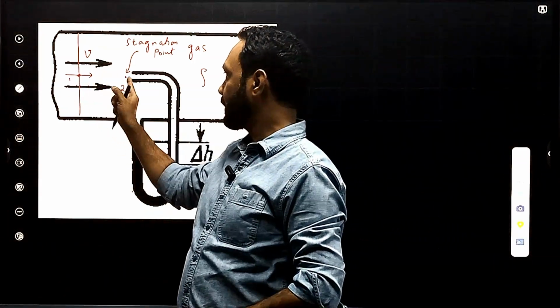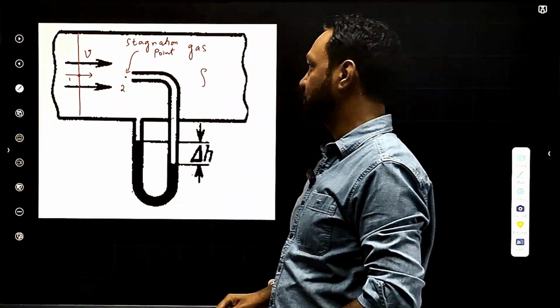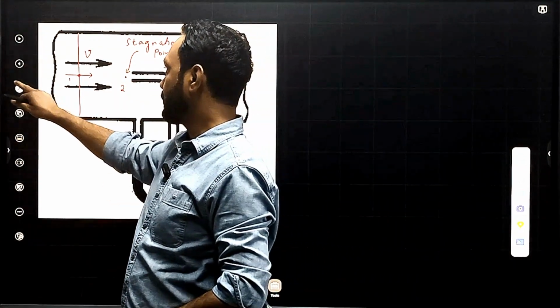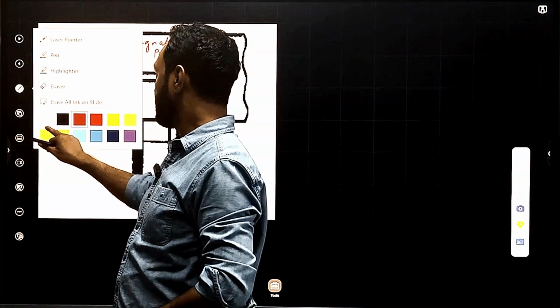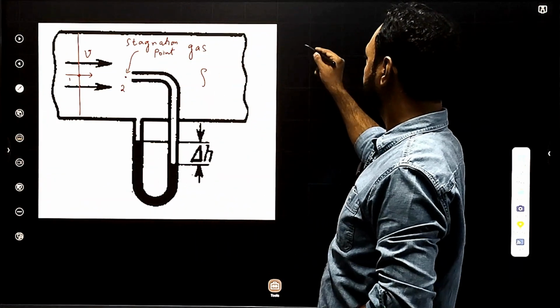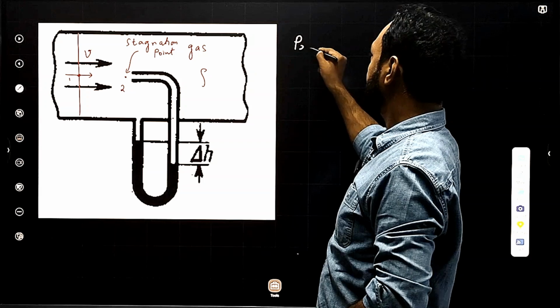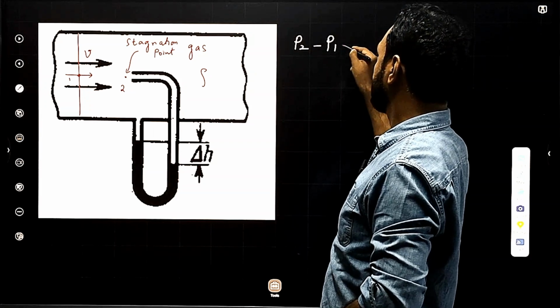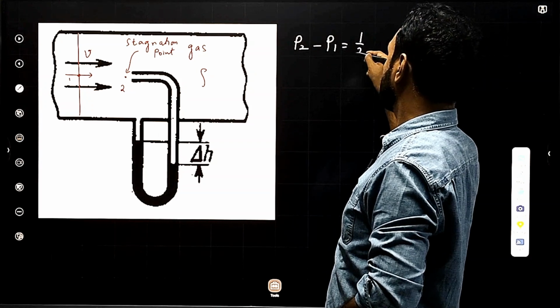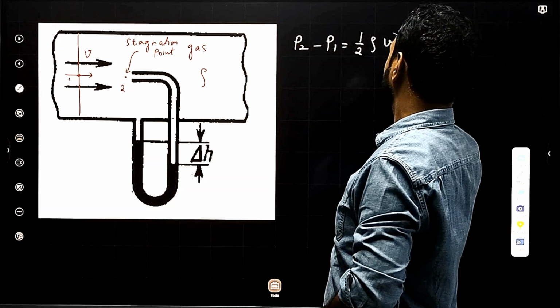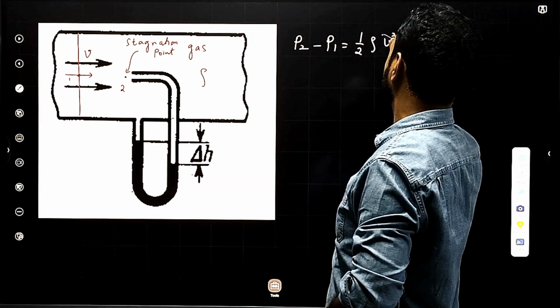So if I write the Bernoulli theorem between point 2 and 1, P2 minus P1 is equal to half rho V square minus 0 square.